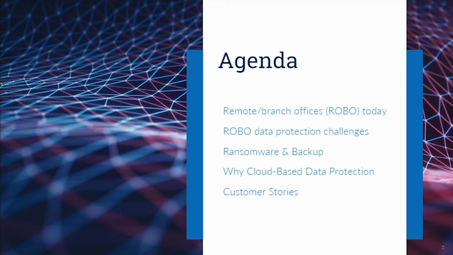Cloud-based data protection is one of the best steps you can take to improving your security posture, especially as it relates to remote offices. And then finally, some customer stories, actual Druva customers who've made some of these steps and made some improvements.